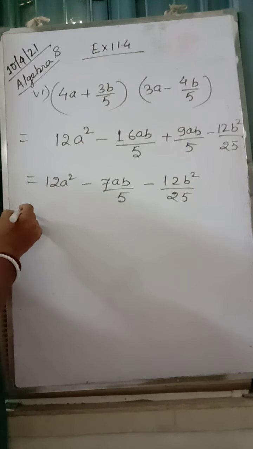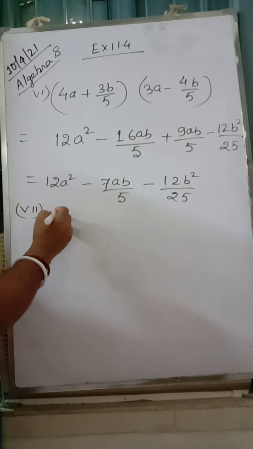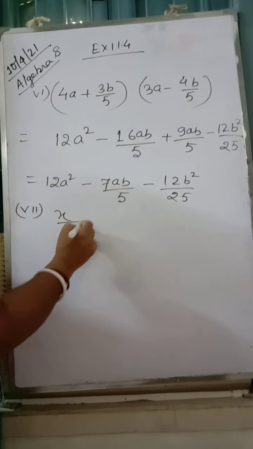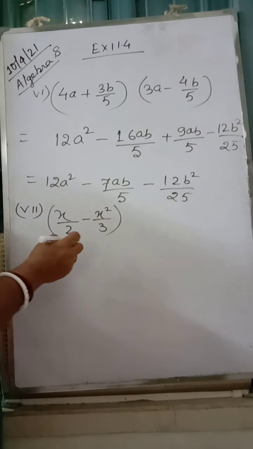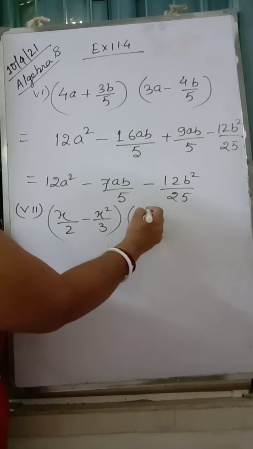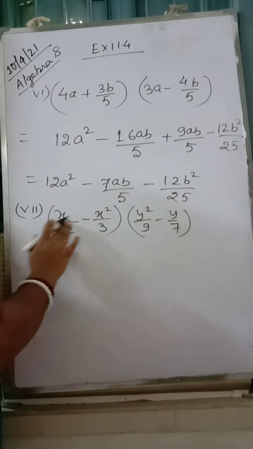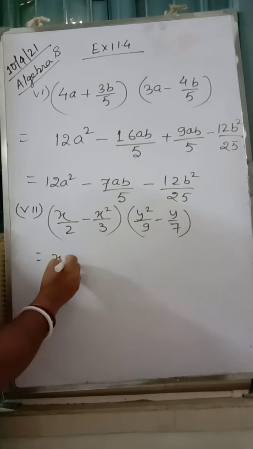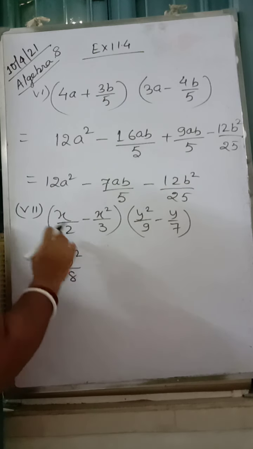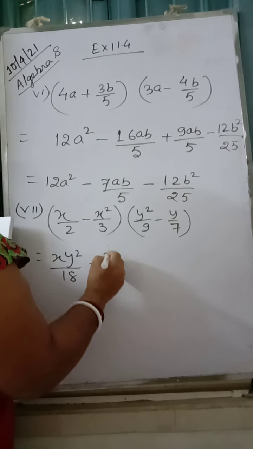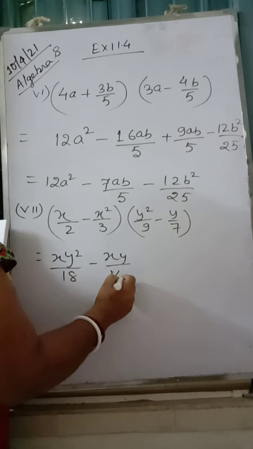Similarly, number 7. (x by 2 - x square by 3) multiplied with (y square by 9 - y by 7). So x into y square, xy square by 18. Come here, minus xy by 14.